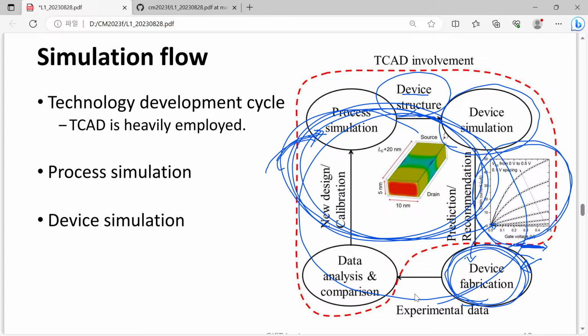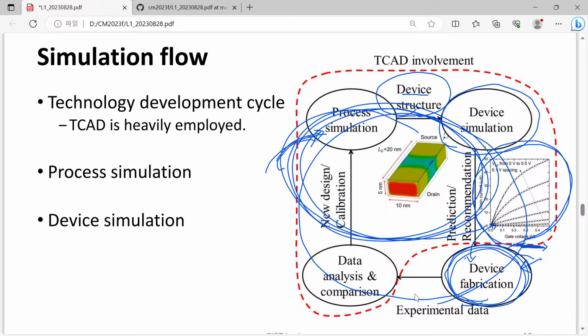Companies have multiple development teams, not only for the next generation or second next generation. They have multiple teams assigned to each technology node, and they are doing those kinds of things.